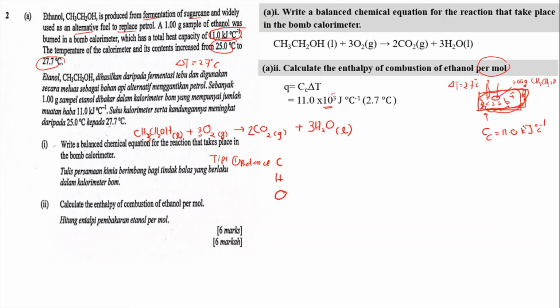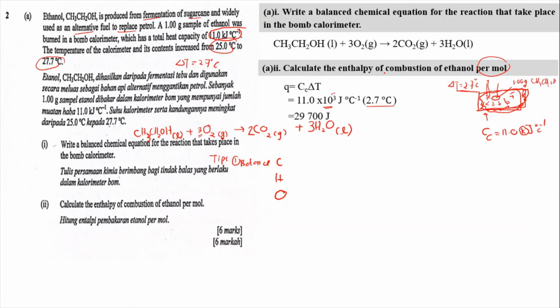Okay, pasal kilo tadi. Okay, joule per degree Celsius. And then the change in temperature is going to be 2.7. So once we plug in the calculator, what we're going to get is 29,700 joule. Okay, so ini adalah haba yang dibebas dan diserap oleh calorimeter.